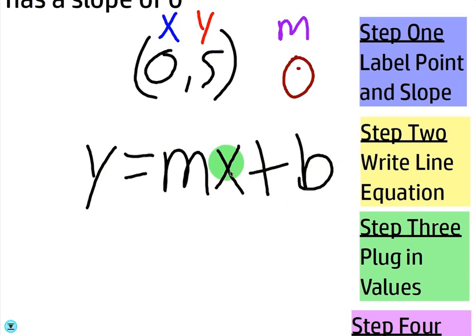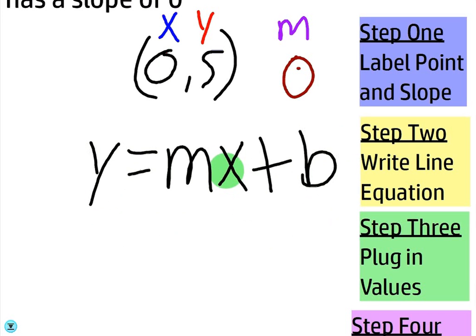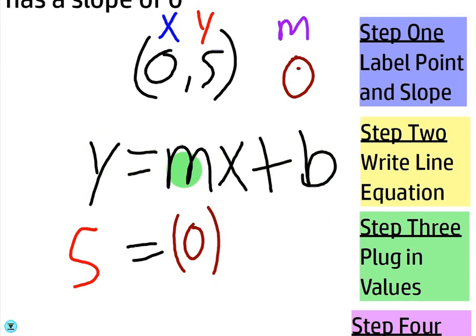All right, so the next step is simple too. You're going to plug in the values up here, okay? So since there's a y there and we said y was 5, I'm going to replace it with 5. Since x is 0, and m is also 0, that normally doesn't happen, but I'll plug in a 0 for m, put it in parentheses.